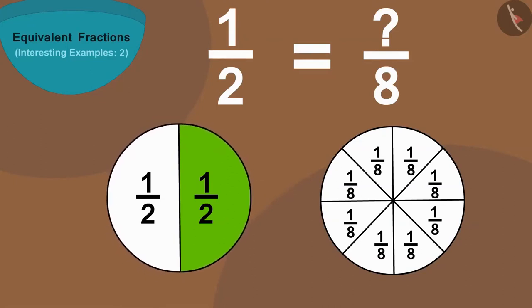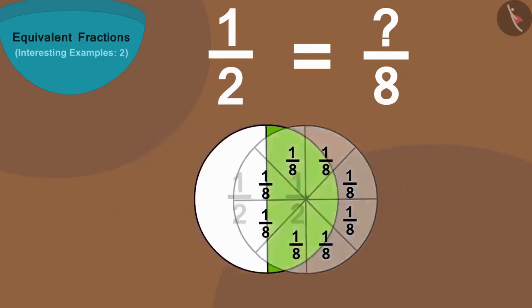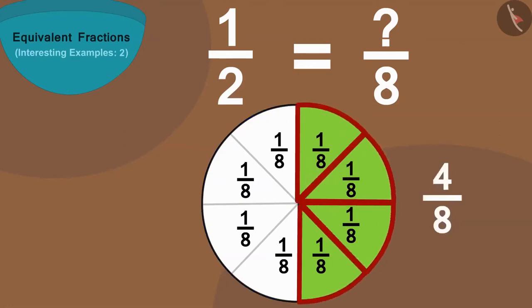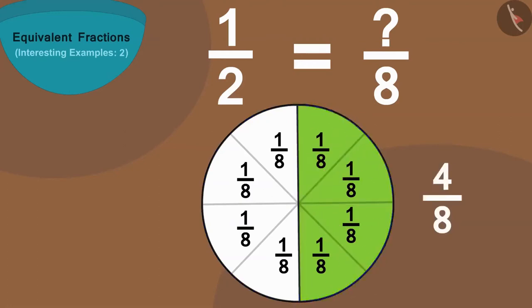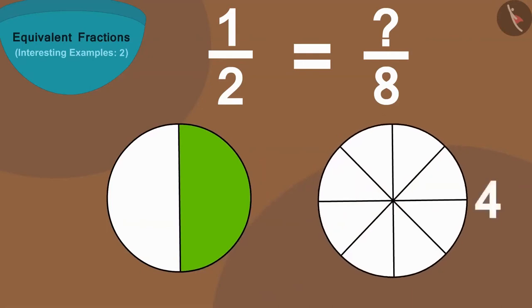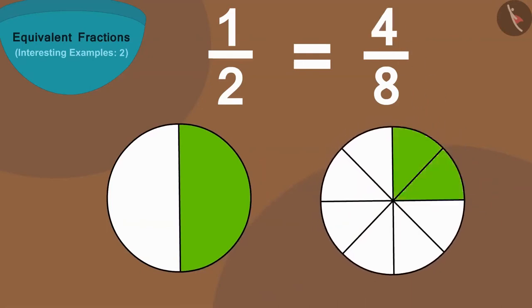If we put these on top of each other, then we can see that 8 parts of this circle are equal to 2 parts of the first circle, and 4 parts of this circle is equal to one colored part of the first circle. Therefore, we will color in 4 parts of this circle.